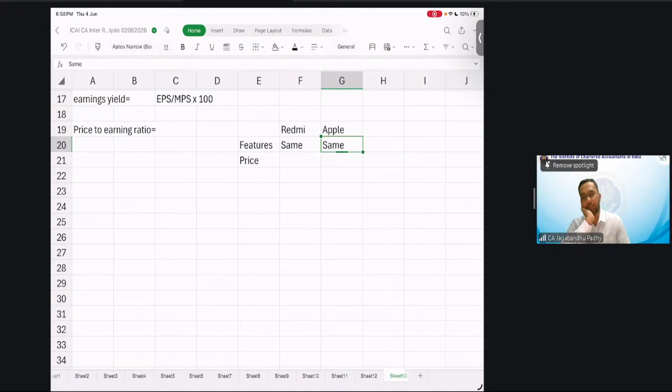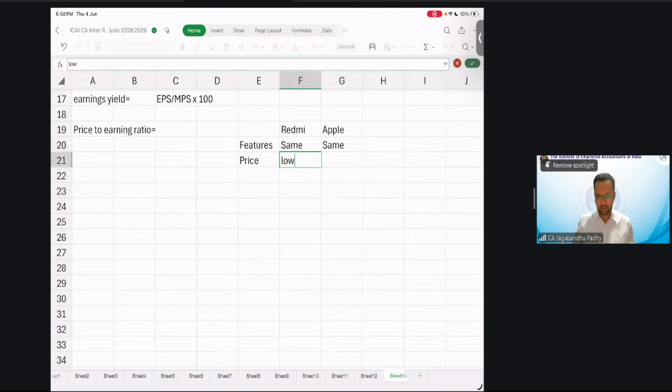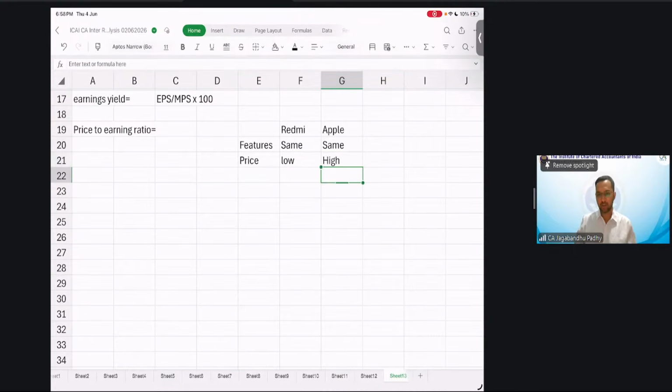What do you think about the price that they will command? Do you think they will have the same price? One is your Redmi, another is your Apple. Of course, the price is going to be low over here, and high over here.